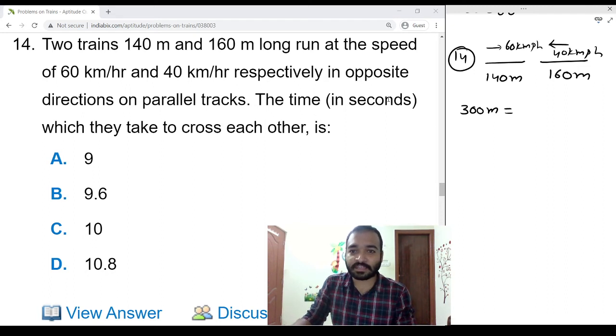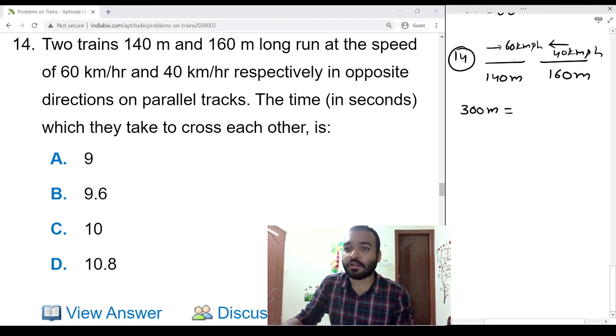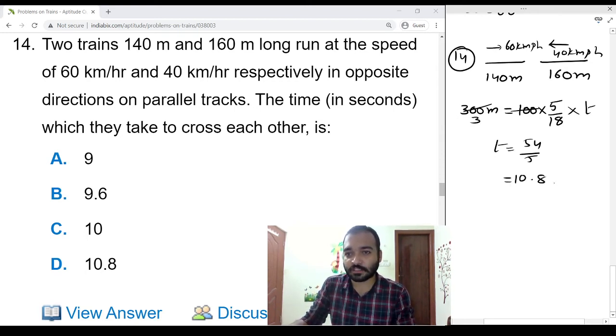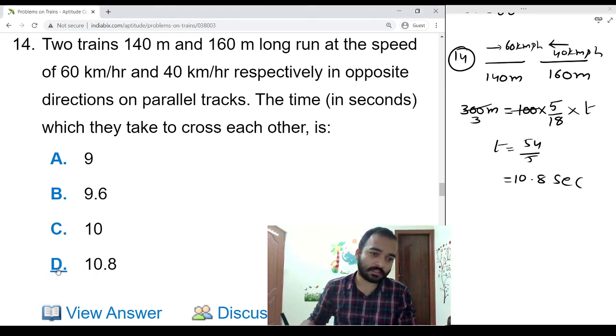Time is in seconds, so this one 60 plus 40, 100 kmph, we need to convert into meter per second into time, so t is equal to 54 by 5, that is equal to 10.8 seconds. Option D.